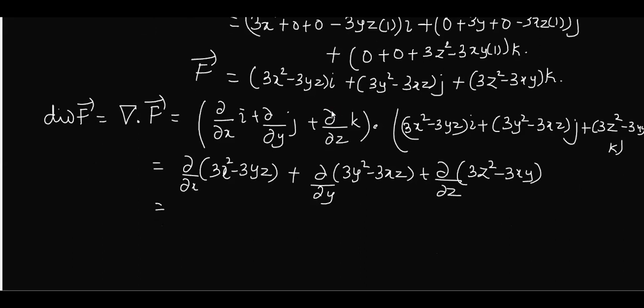How many terms contain x? Only one term. The derivative of 3x square with respect to x is 6x. 3yz becomes 0. Similarly, the derivative of 3y square is 6y, and 3xz becomes 0. The derivative of 3z square is 6z. You can take 6 common and write the remaining thing. This is the divergence of f.